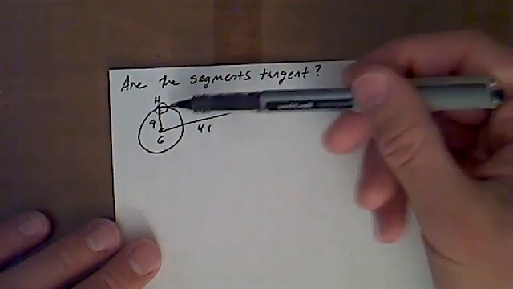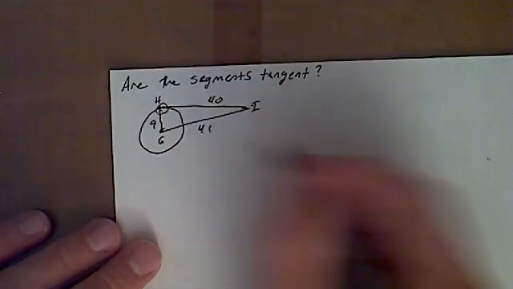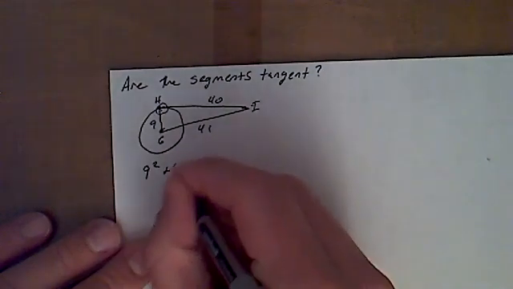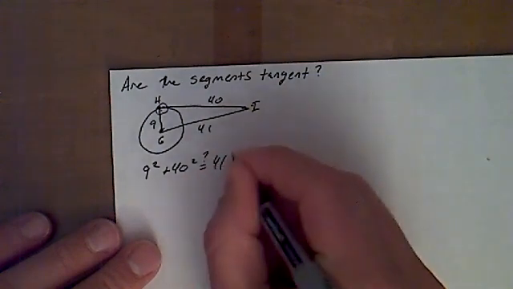Do we have a way to determine whether H is a right angle in a triangle? And I hope you say yes, from chapter 8. This is the converse to the Pythagorean theorem. So the question we're asking ourselves is, is 9 squared plus 40 squared equal to 41 squared?